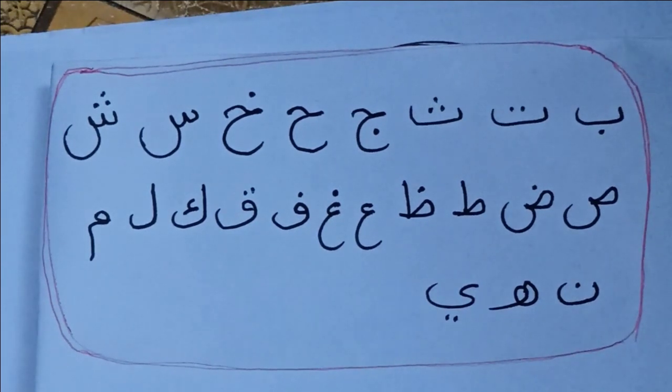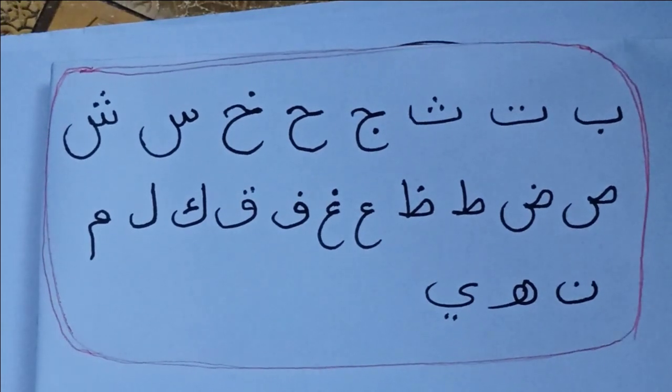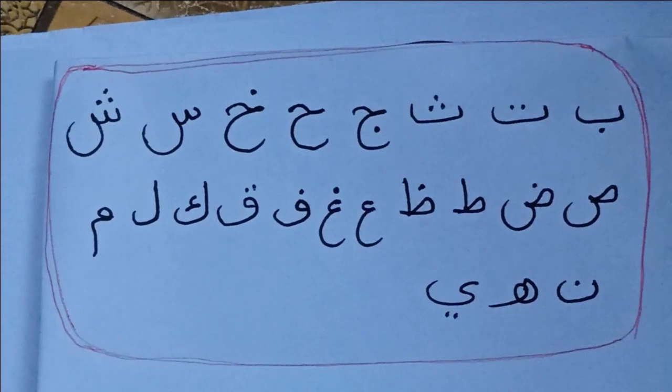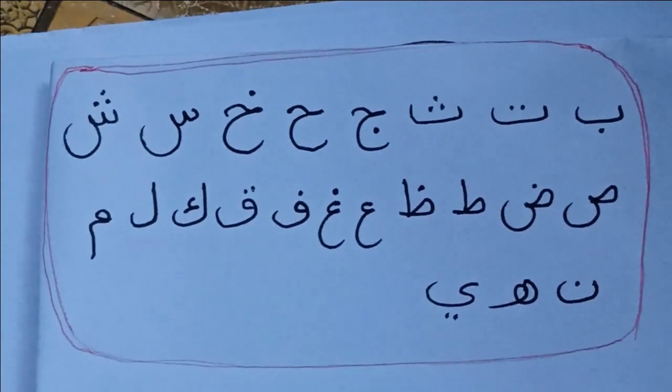As you can see over here, these are the joint letters. We demonstrated in the last video how we could join these letters together and how we could write the disjoint letters in a way that we assume they are joined together.